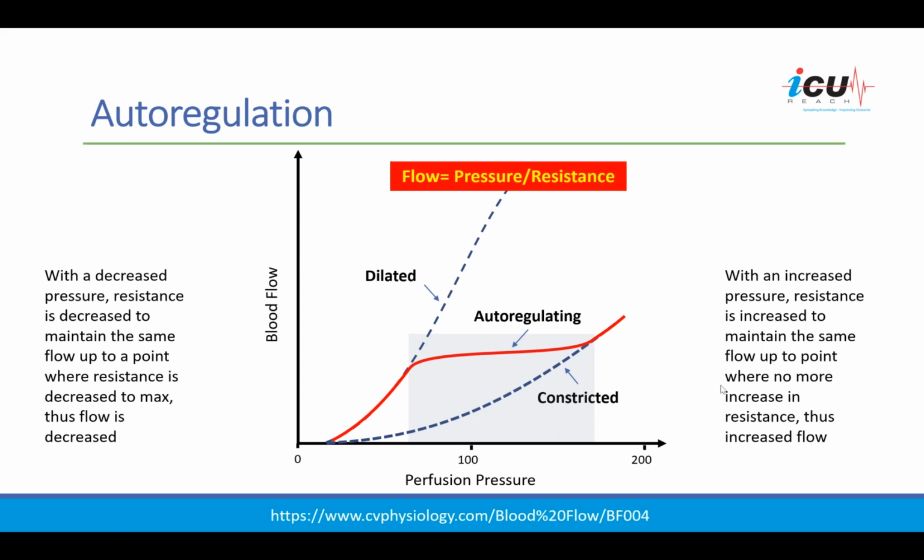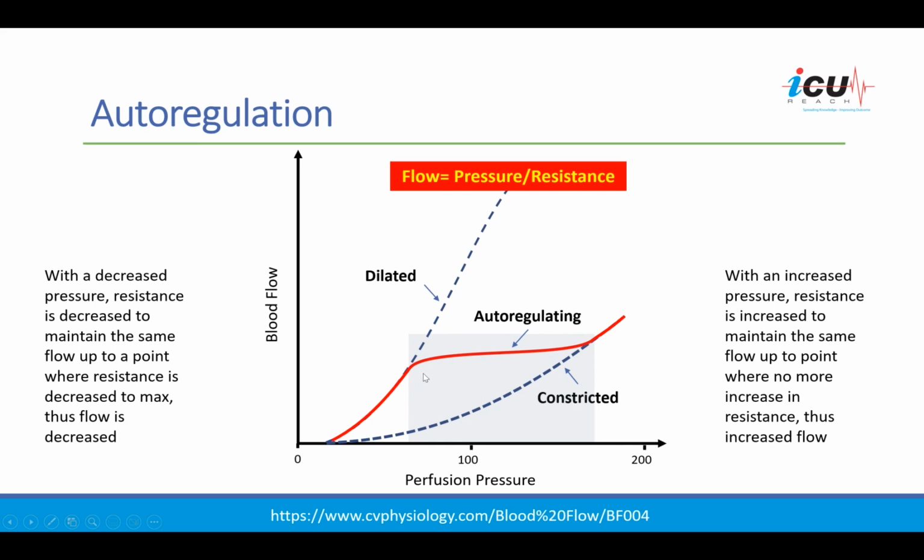At that time, the increase in the perfusion pressure will result in an increase in blood flow. It is very important to understand this because this is a situation in a healthy state.